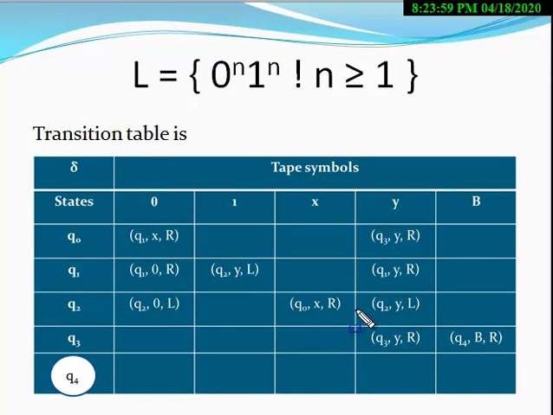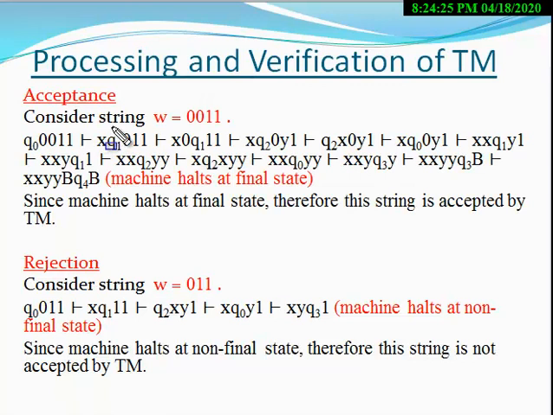Okay, now we come to the verification or processing of the strings accepted or rejected by this Turing machine. First we discuss the acceptance part, next we will discuss the rejection part. The first part is acceptance.